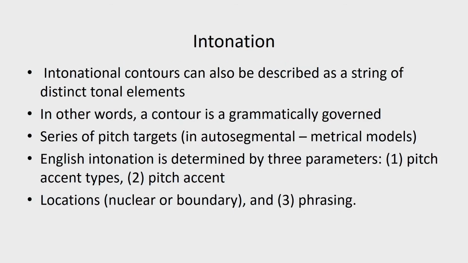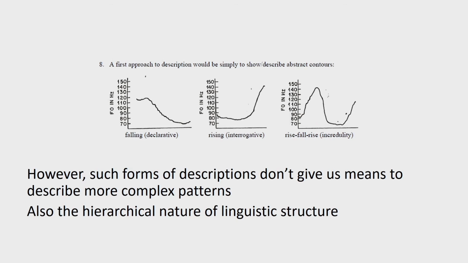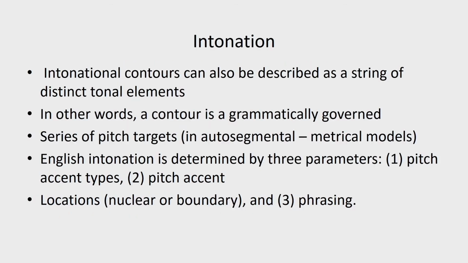We have also seen how you can describe rises and falls, but that doesn't tell us much about linguistic structure. Intonational contours can also be described as a string of distinct tonal elements. In other words, a contour is a grammatically governed series of pitch targets, and this is mostly in autosegmental metrical models.